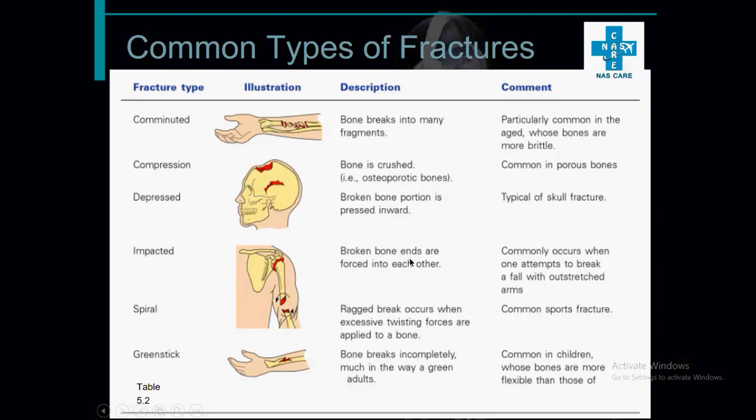In impacted, broken bone ends are forced into each other, and the spiral ragged break occurs when excessive twisting force is applied to a bone. In greenstick, the bone breaks incompletely, like a green twig, and this is common in children. Adult bones are more brittle, and depressed fractures are common in porous bone, typical of skull fracture, and so on.